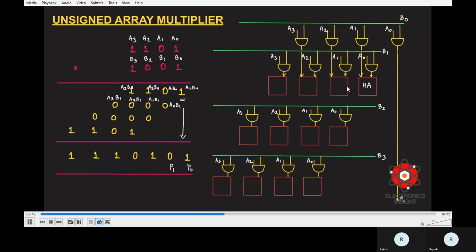So the carry can be 0 or 1. Based upon that, you can now represent a horizontal movement telling that from each row, the addition will generate a carry, which is fed to the next stage.